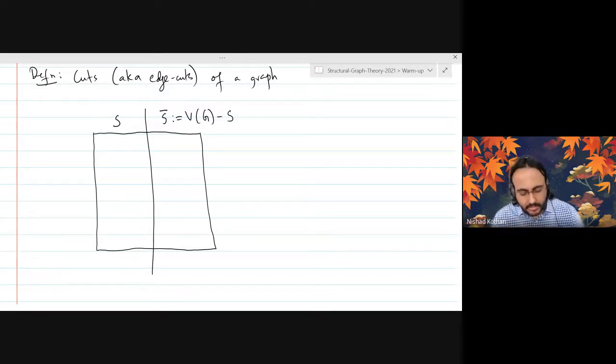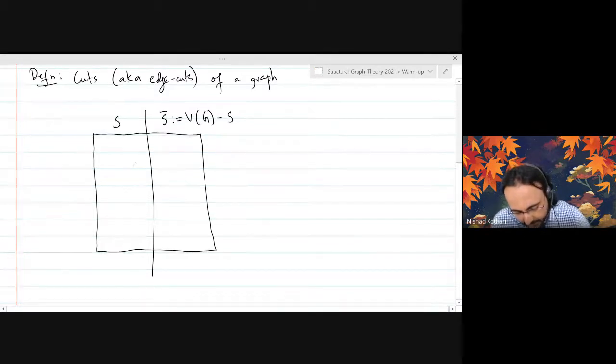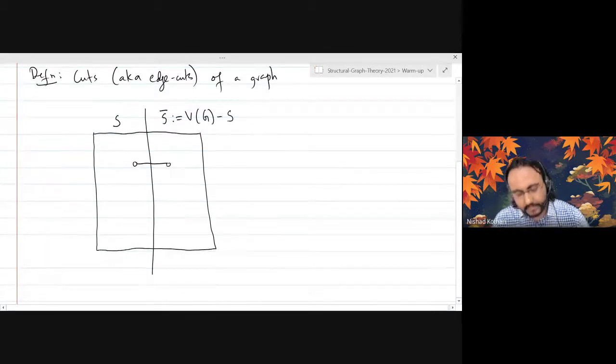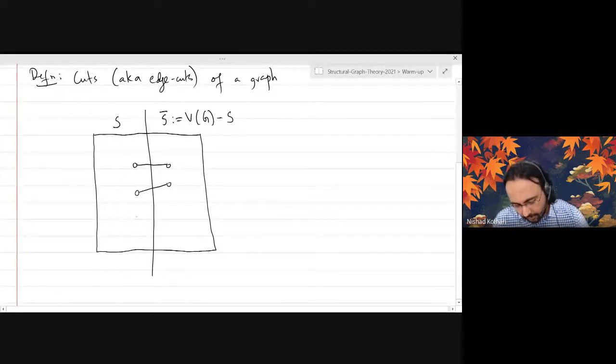And now you consider all the edges of the graph that have one end in S and the other end in S bar. The graph may have many or no such edges, I don't know.